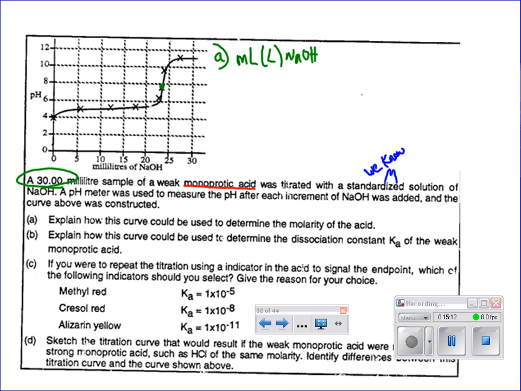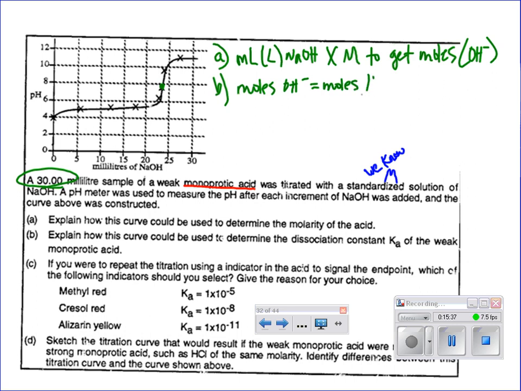Stoichiometry. Multiply by the molarity to get what? And this is moles of base. So why do we do that? What by definition is the equivalence point? Yes, when moles of OH equal moles of H plus. So what do we now know? Moles of H plus.